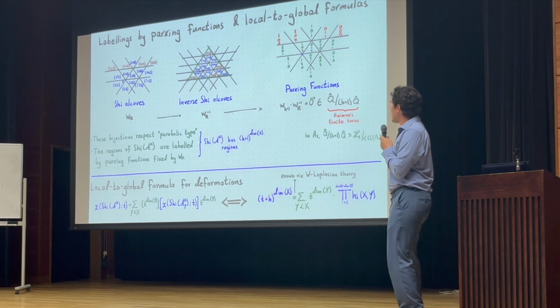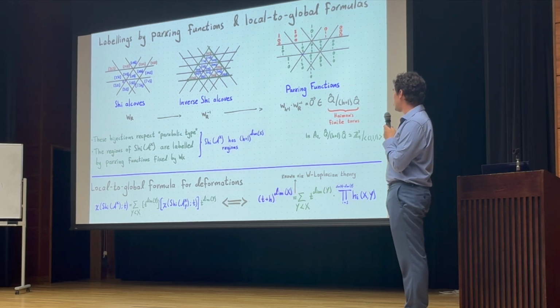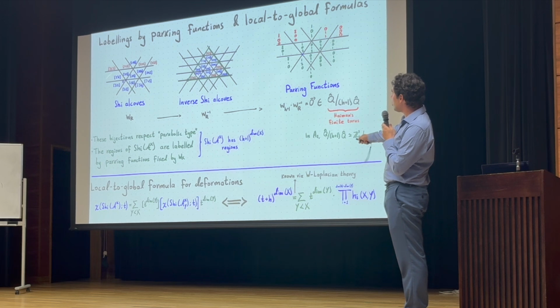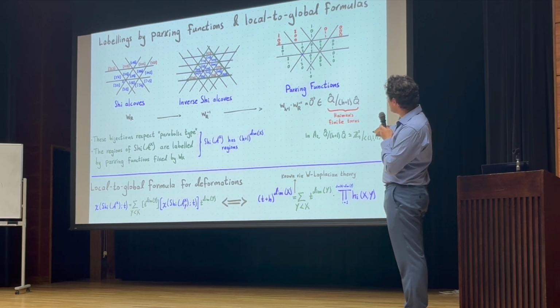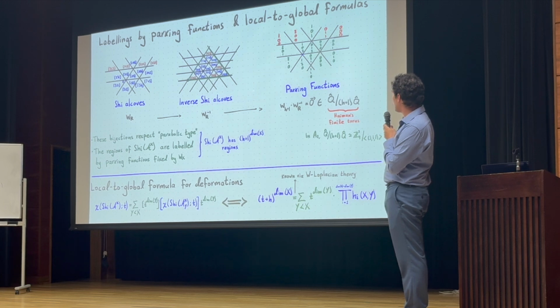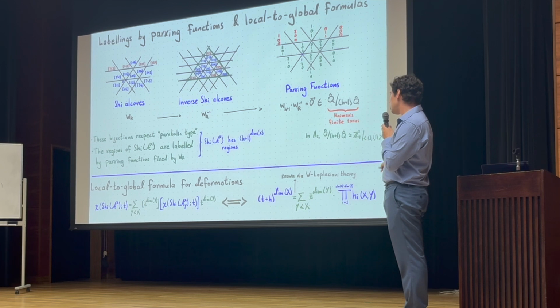So let me say a couple of things about the proof. This really cool argument that we described before, where every affine permutation went to its inverse and they all fit back together in a simplex, also tells you how to label regions with parking functions. This is a bijection that was started by Shi and that eventually Marko Thiel clarified.